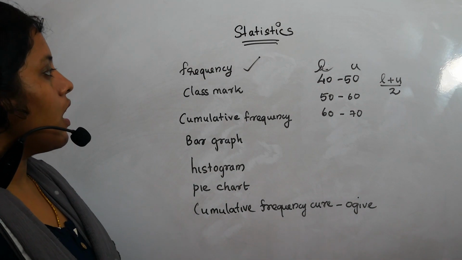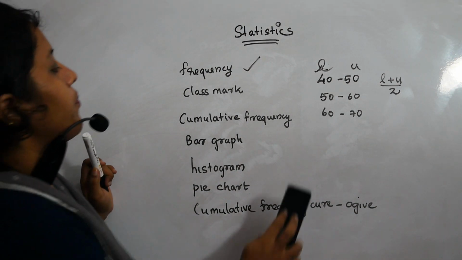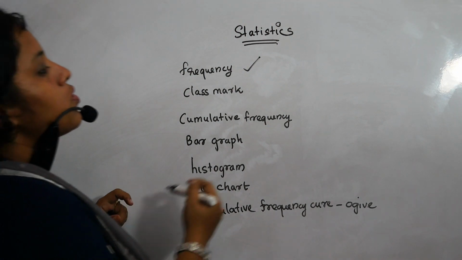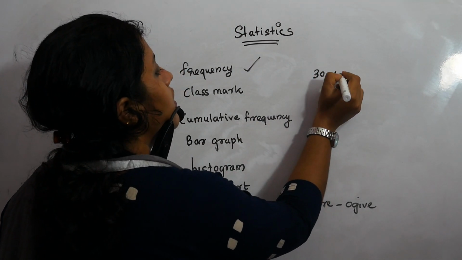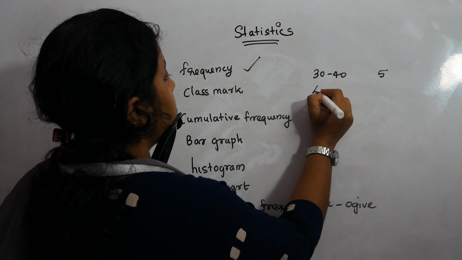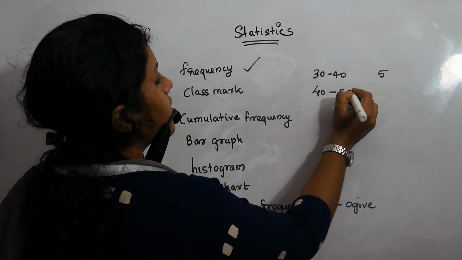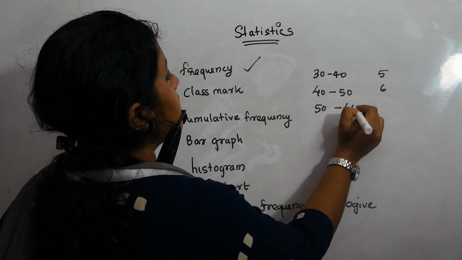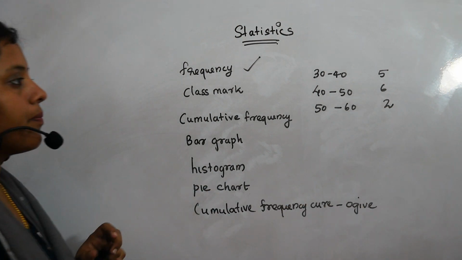Now next thing is, what do you mean by cumulative frequency? Suppose we are having a 30 to 40 class, and I'm having 5 people in this range. 40 to 50 marks, I have 6 people in this range. 50 to 60 marks, I'm having 2 people in this range.